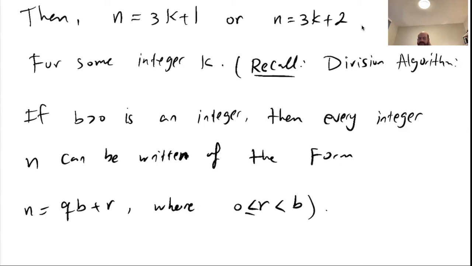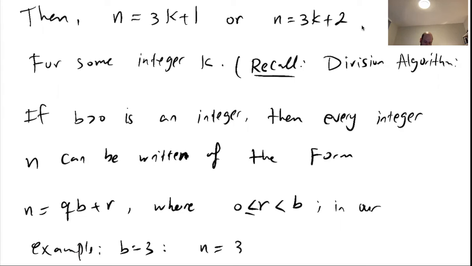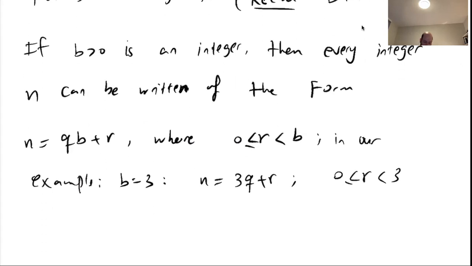Now in our case, b is what? In our example, b is 3, right? So I can say n is equal to 3q plus r, and r is greater than or equal to 0, less than 3. Namely, which integers are bigger than or equal to 0 and less than 3? Only r equals 0 or r equals 1 or r equals 2.